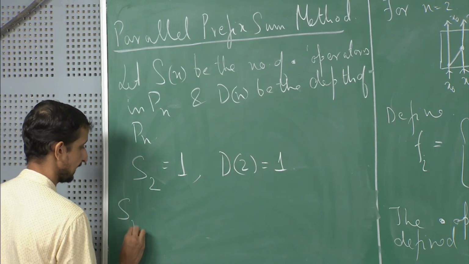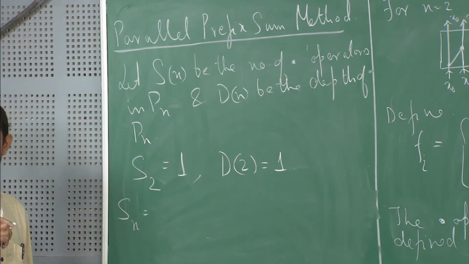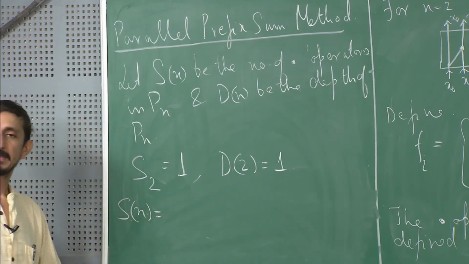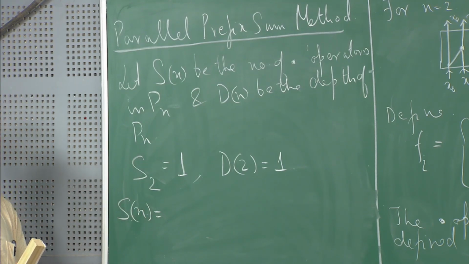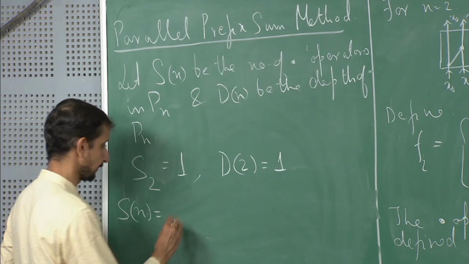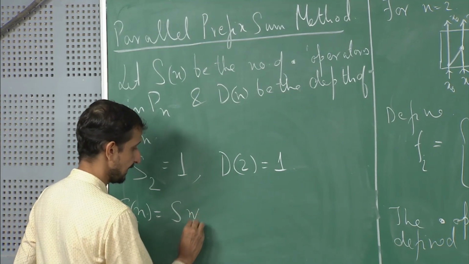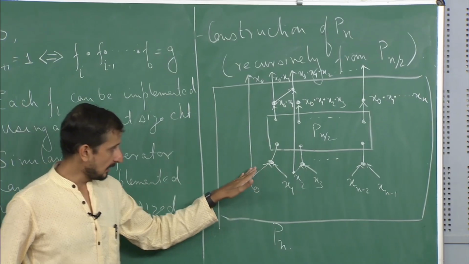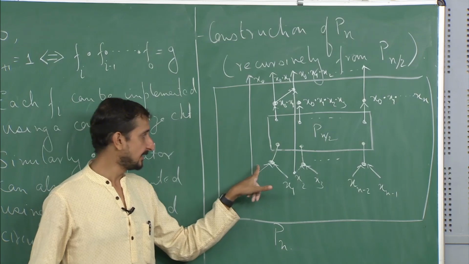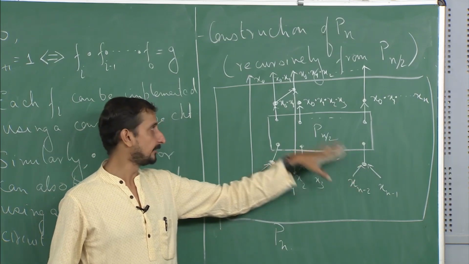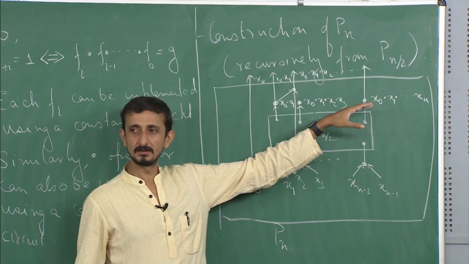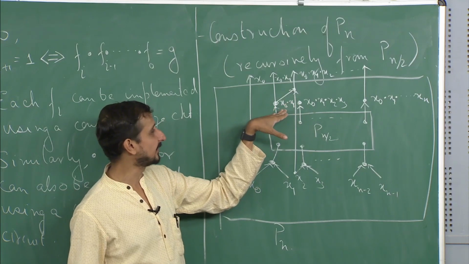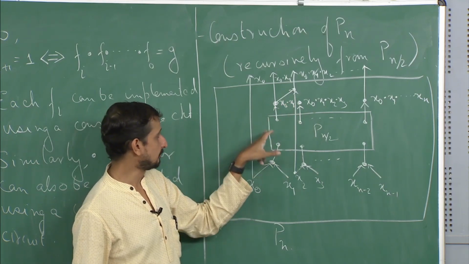Now, what is Sn? What does Sn depend on? It depends on S of n by 2. It is the number of gates in S of n by 2, which is over here, plus I have some more operators over here, right. Here I have how many extra operators? N by 2. Actually I will have n by 2 minus 1, so I have one less.